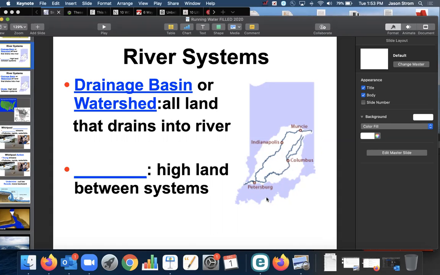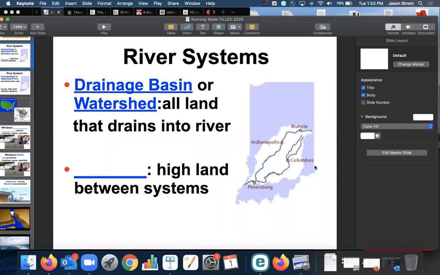So in this diagram of Indiana, in this white area, all of the running surface water eventually will go into the White River, which is the river shown here. There are two branches of the White River. Any stream or creek in that area will eventually end up in the White River.